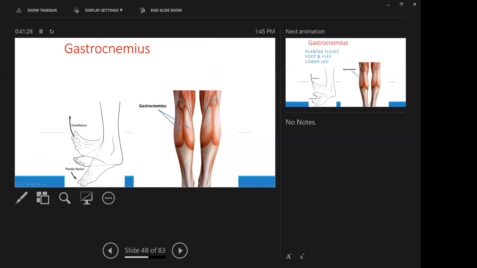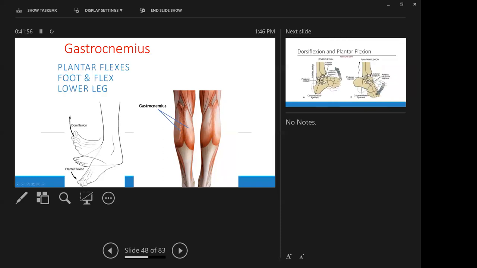The tibialis anterior causes dorsiflexion, causes the toes to come up. The gastrocnemius causes our toes to go down by elevating the heel. We raise our heel when we take a step and the toes go down. We dorsiflex when our heel goes down and our toes go up. And this is how we walk.